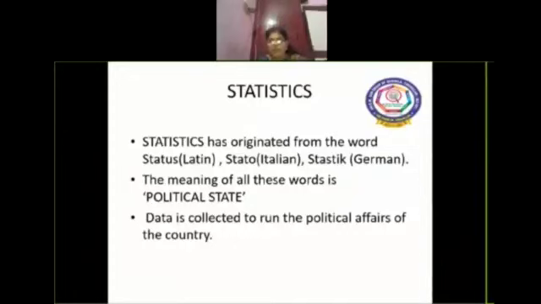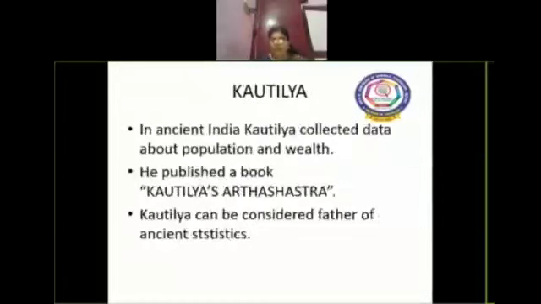For example, during Chandragupta Maurya's period, Kautilya collected data and published it as a book called Kautilya's Arthashastra. In that, we have a lot of information about wealth and population. So, Kautilya can be considered the father of ancient statistics.